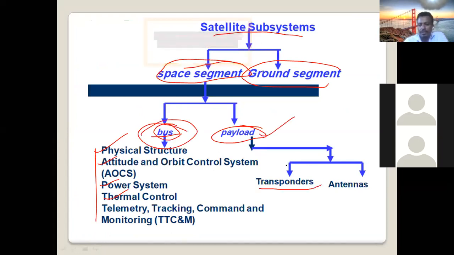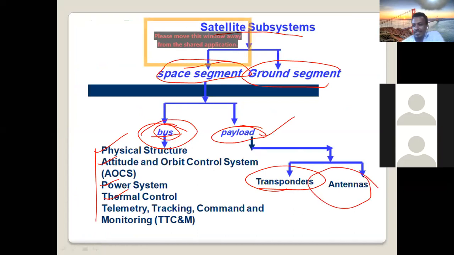How about payloads? Payloads are our transponders, we'll discuss this in detail, and our antennas. These communication equipments are classified as what? They are classified as payload. So what we are going to do, from the space segment, we'll discuss transponder and antennas.